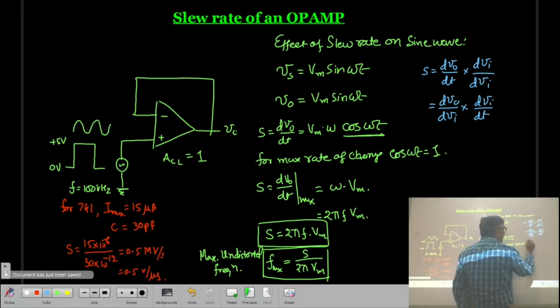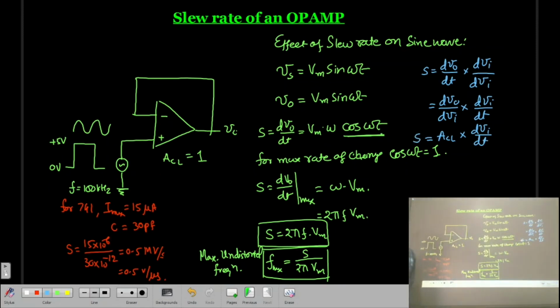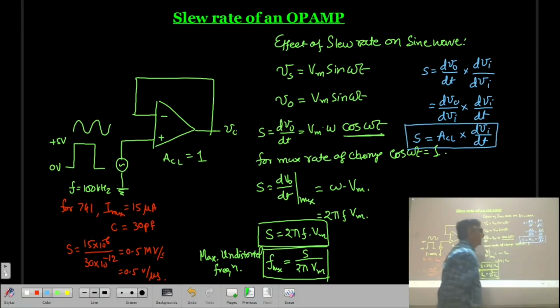And dVo by dVi is nothing but the closed loop gain of the amplifier. And this is dVi by dt. So another expression for the slew rate is the closed loop gain into dVi by dt.